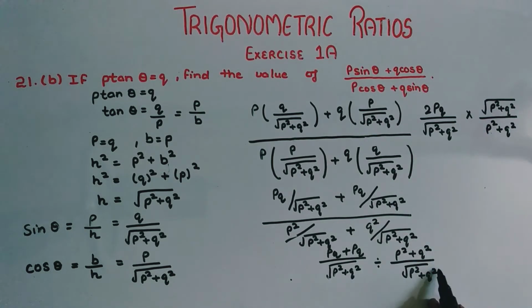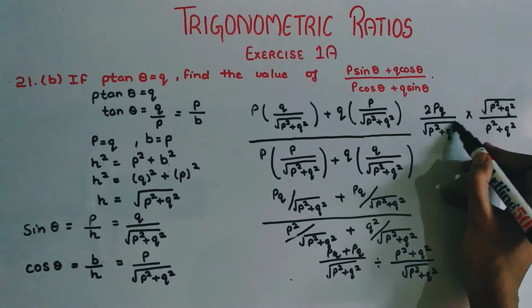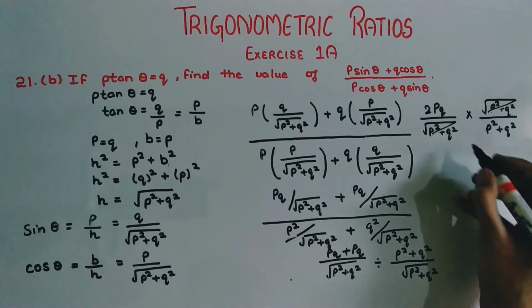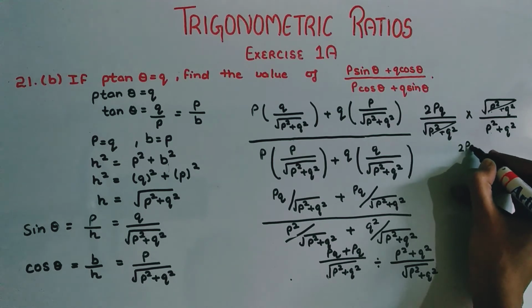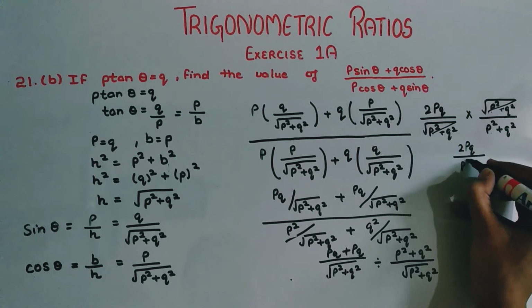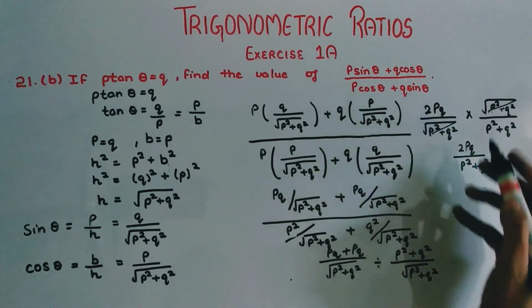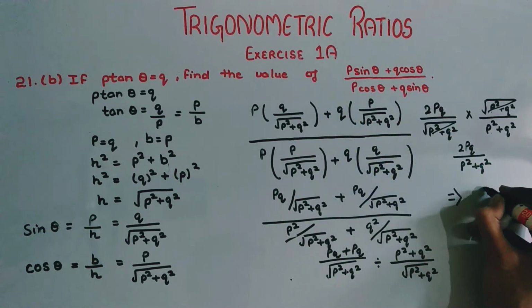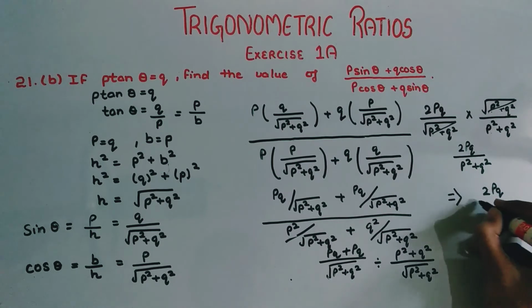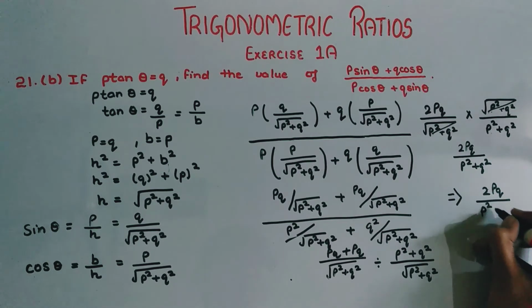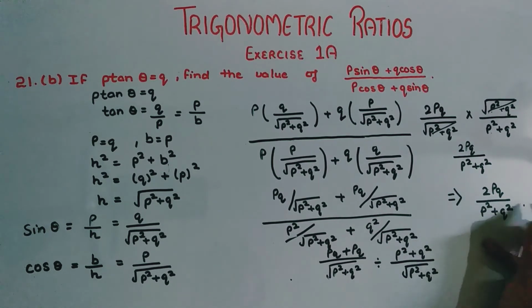We reciprocaled this term, hence this and this are cancelled. We have 2PQ divided by P square plus Q square. Hence the value of this equation is equal to 2 multiplied by PQ divided by P square plus Q square.